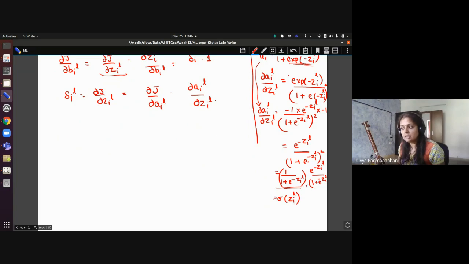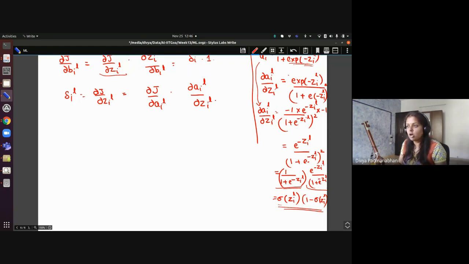And if you look carefully, this is actually 1 minus sigma of z^l, because this quantity plus sigma of z^l is going to give you 1. That's why this holds true.